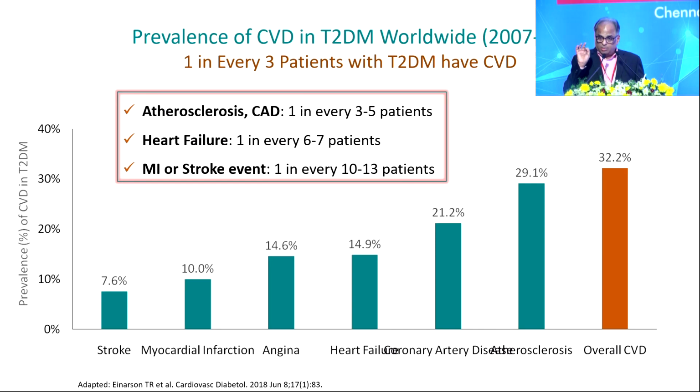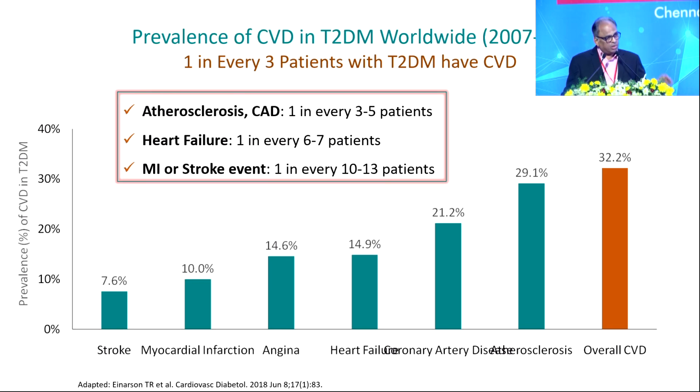Now, the most important thing is that one third of our type 2 diabetic patients will have established cardiovascular disease. One third. And if you investigate them, another one third will have subclinical cardiovascular disease. That means about two thirds of our population with diabetes have some amount of cardiovascular disease.